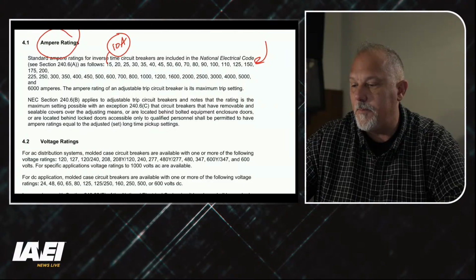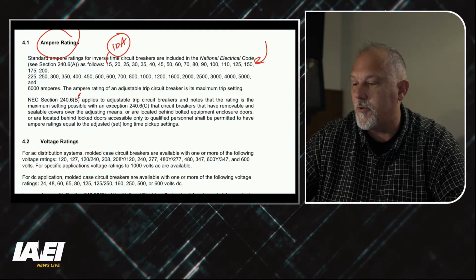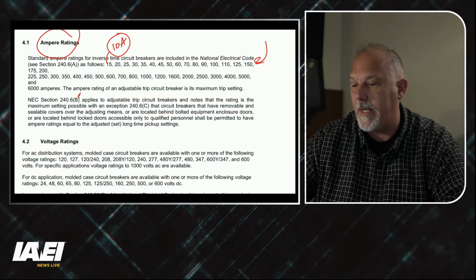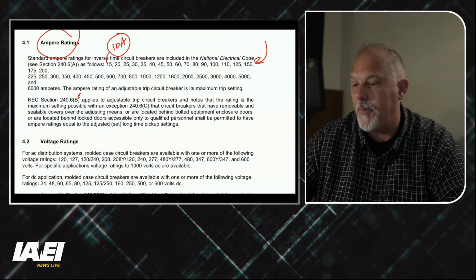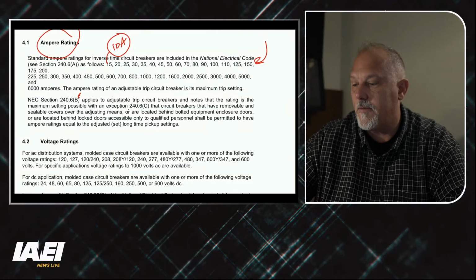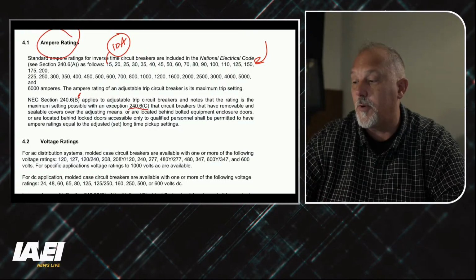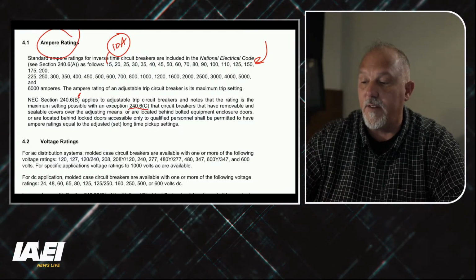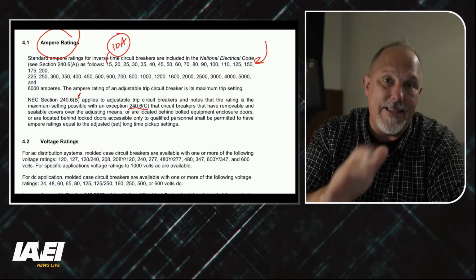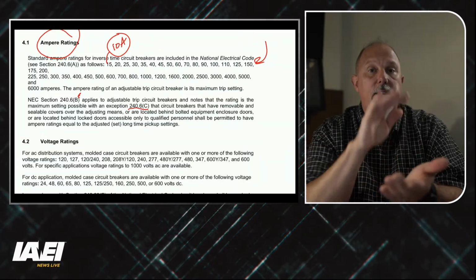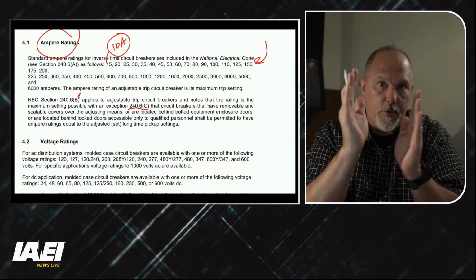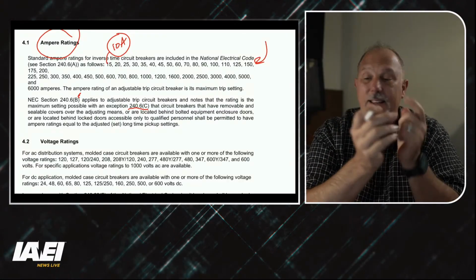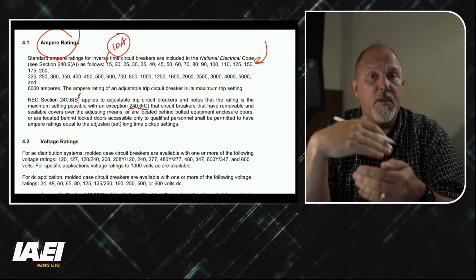Section 240.6(B) applies to adjustable trip circuit breakers and notes that the rating is the maximum setting possible, with an exception in 240.6(C) that the circuit breakers have a removable and sealable cover. So when you look at 240.6, it's going to tell you that if you have an adjustable trip unit, if you have a lock on it, that gives you various ways to meet the requirement.